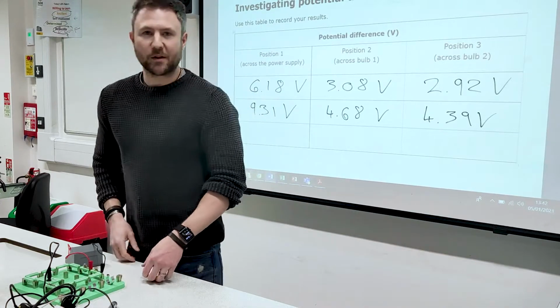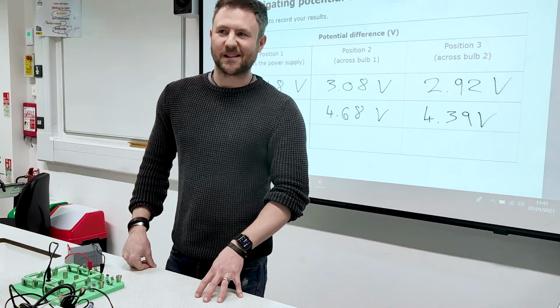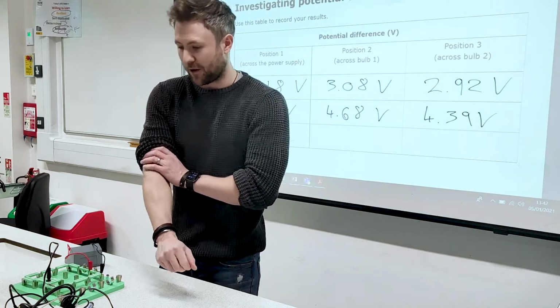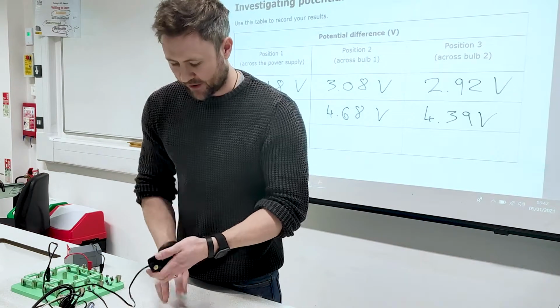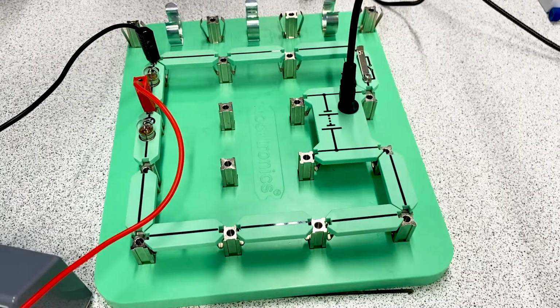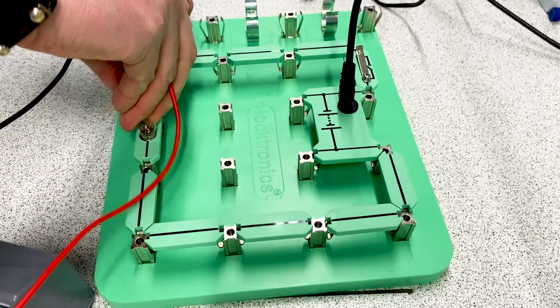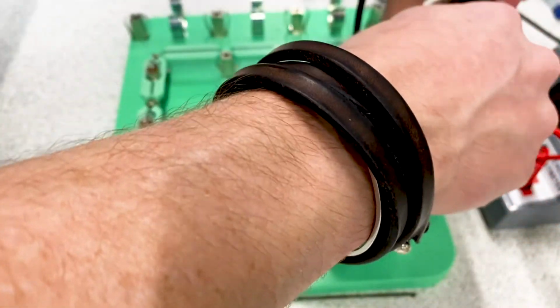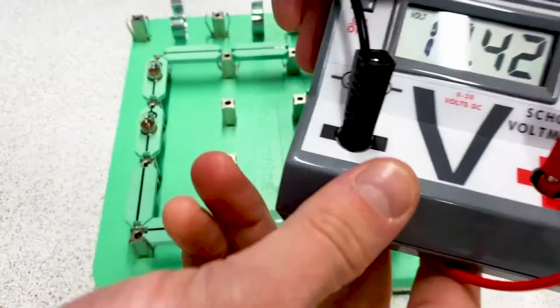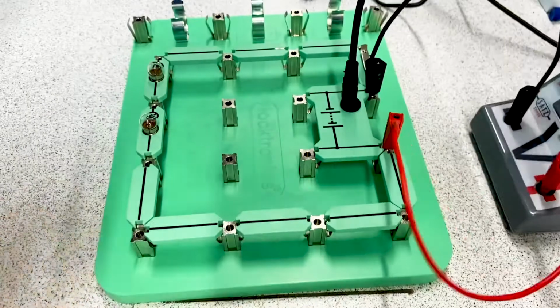Some of you at home are probably starting to see a pattern between these numbers. If so, well done. But we'll do our third and final potential difference. Let's see what we've got. And you'll see this one's reading 12.42.